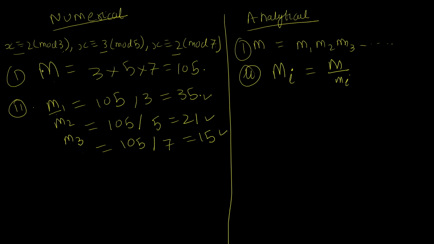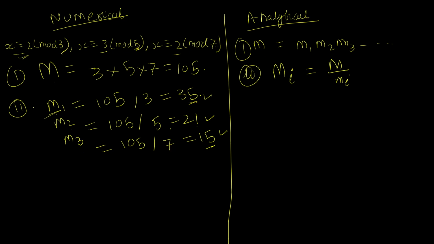I think understanding this will help here. See what we are doing here. This 35 is actually the product of 7 and 5. So for the first modulus, I want to multiply the other two, 7 and 5, and that is 35. For the second one, I'm multiplying the first and third, 3 times 7, and that is 21. For the third one, I'm multiplying the remaining two. This 15 is this 3 times this 5.